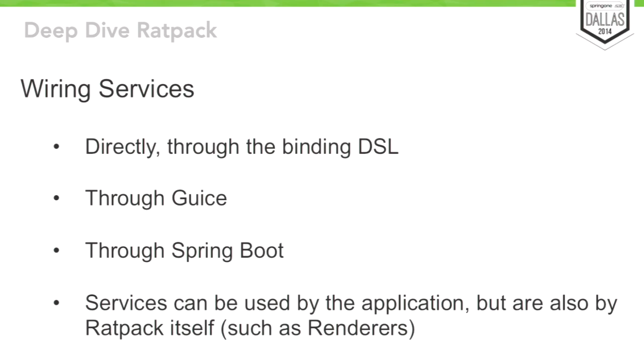One of the things Ratpack can do is you can just hand it an arbitrary object, and if you've bound a renderer type in the Juice context, Ratpack will be able to resolve that, and it'll know how to write the object back to the client. So you can make decisions through renderers about whether to serialize to XML or JSON, with very complex logic for serializing the details.